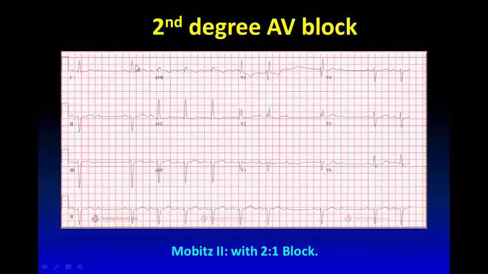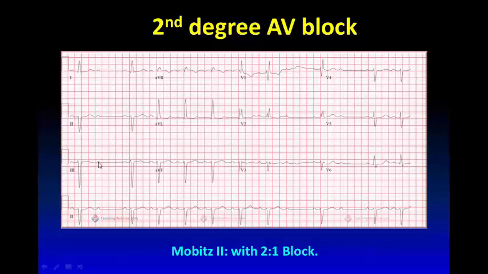So each QRS complex is preceded by two P waves, indicating that the block is 2:1. Again here, in this lead of this 12 lead ECG, this is a P wave, and this is a P wave, and this is a QRS complex, and this is a T wave.